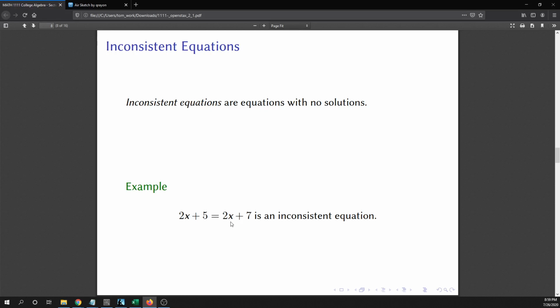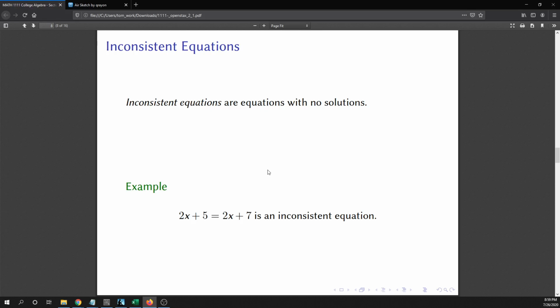On the right side, we multiply that number by 2 and then add 7. So we're taking the same number and adding 5 on one side and 7 on the other. No matter what number you plug in, they're never going to be equal, because the right side is 2 bigger than the left side. It doesn't matter what number you try to plug in here, it's not going to work.